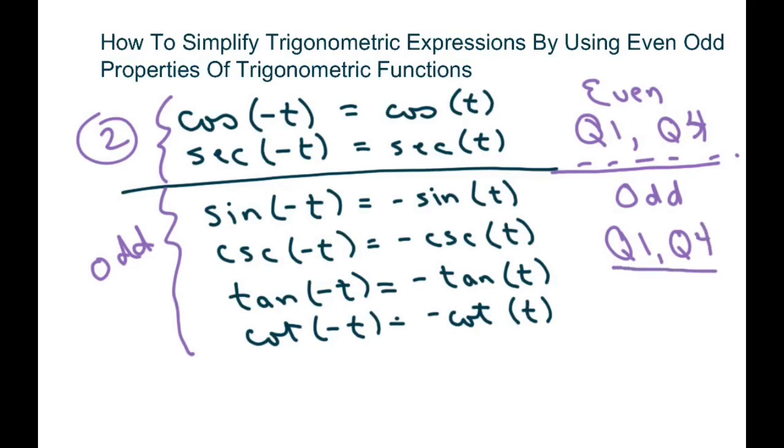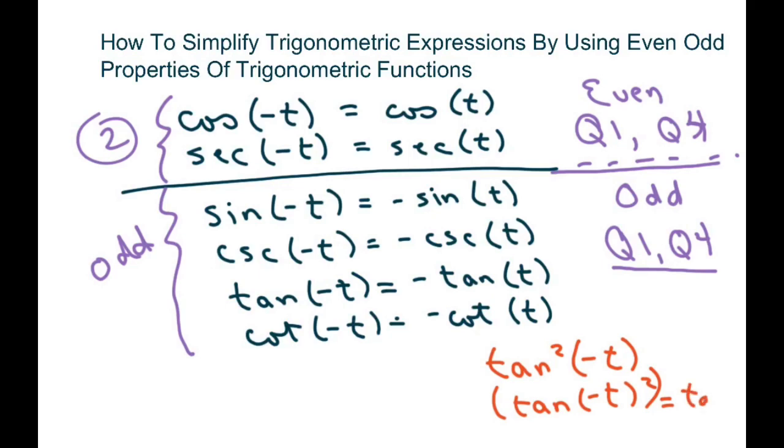Another thing to note is this. When you have something like, let's use tan, tan squared of negative t, that's the same as saying tan of negative t, squared, which just is going to be tan squared of t.